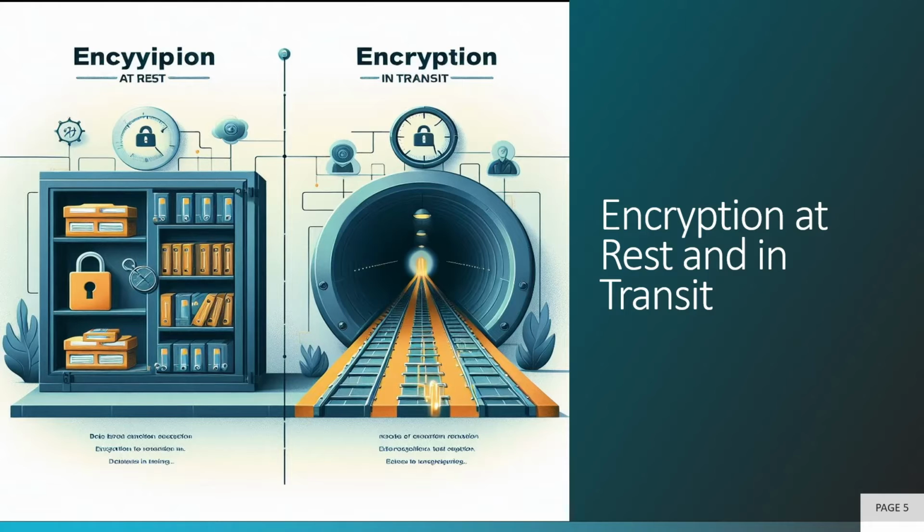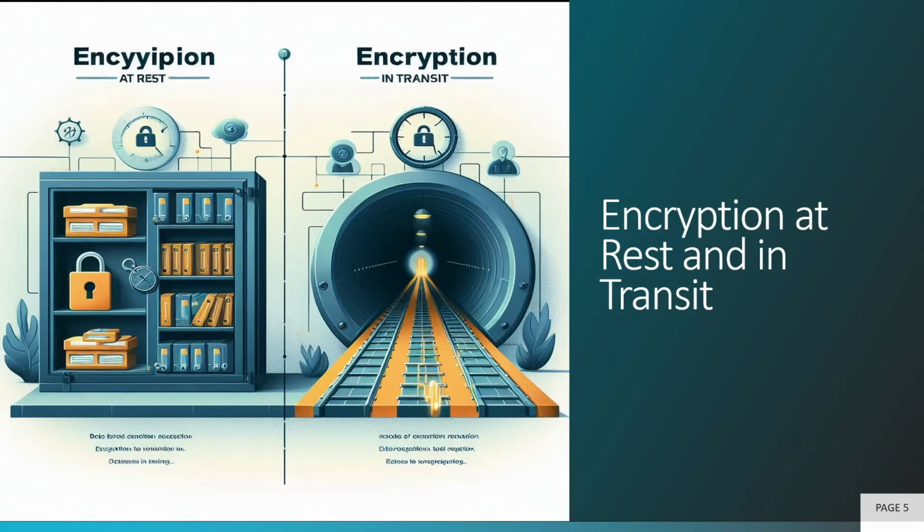With data at rest, the encryption keys are typically managed within the secure confines of the organization, and access to the key is tightly controlled. In contrast, keys for encrypting data in transit may need to be exchanged between the sender and the receiver, which introduces additional challenges and will require robust key exchange protocols.